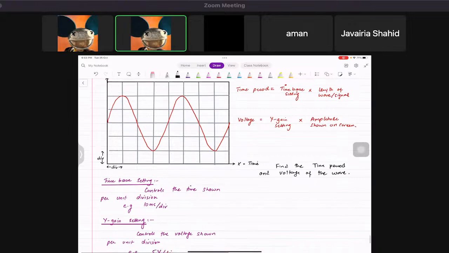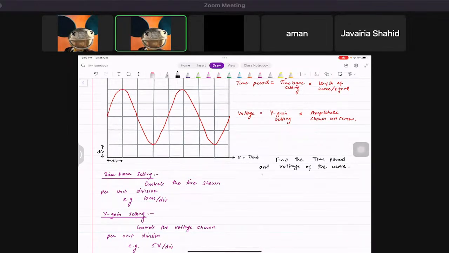First of all they say time base setting is 10 milliseconds per division and Y gain setting is 5 volts per division, let's suppose. So they've given you this.